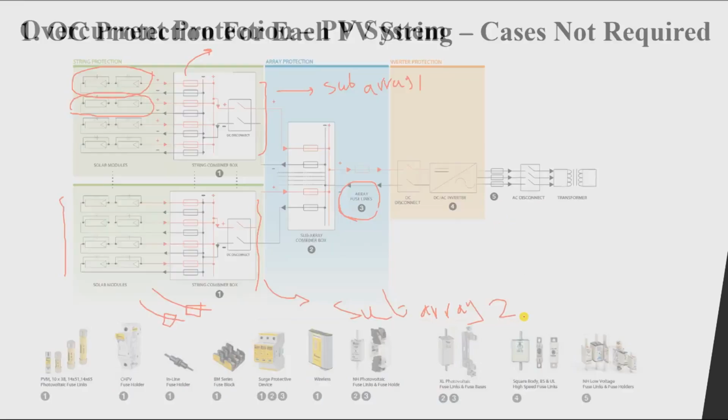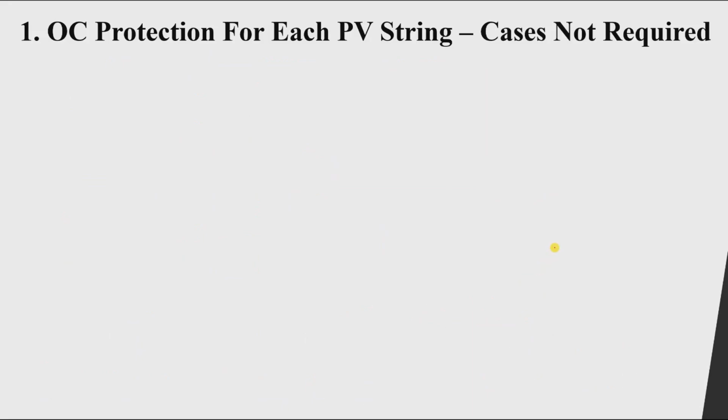So let's start by questioning ourselves. Do we need overcurrent protection for each PV string all the time? Actually, no. When do we need overcurrent protection?